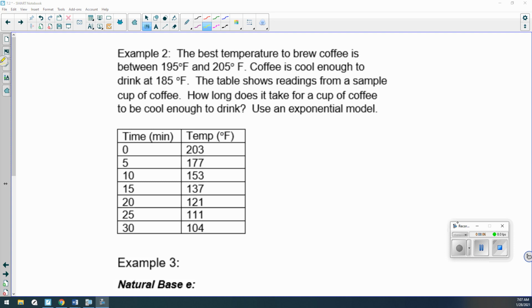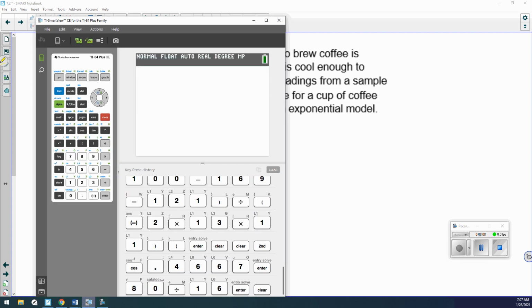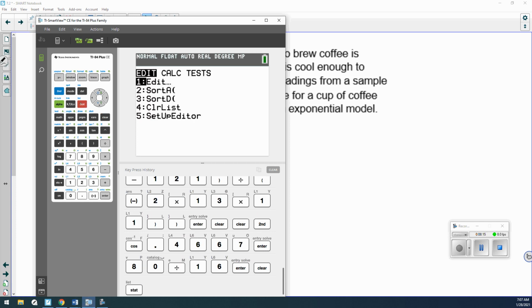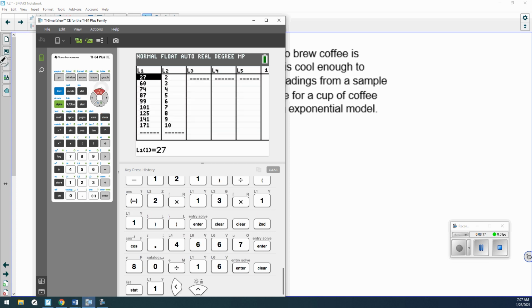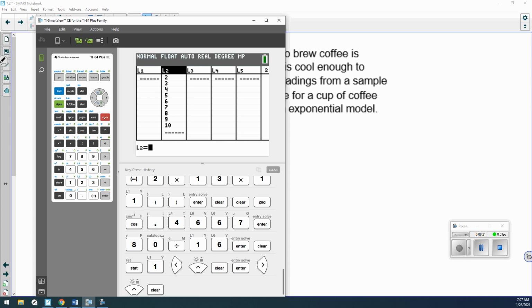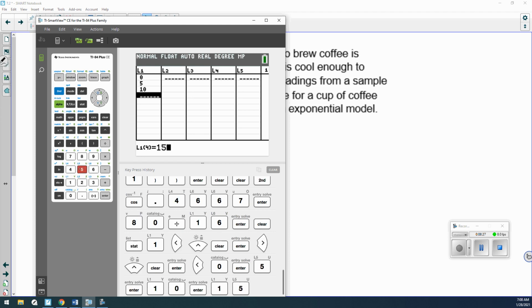All right, so here's where I'm going to open up my calculator. And how much do you remember about a regression? So stat, edit, and then I need to enter the information. I'm going to clear L1, clear L2, and then enter my times in L1 and my temperatures in L2.